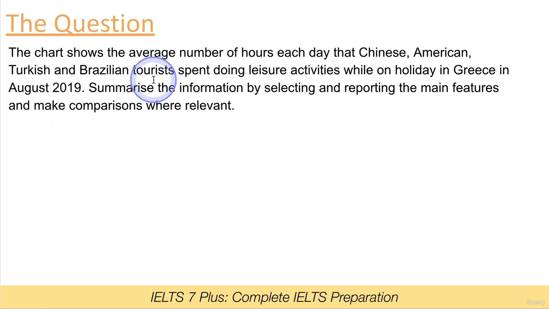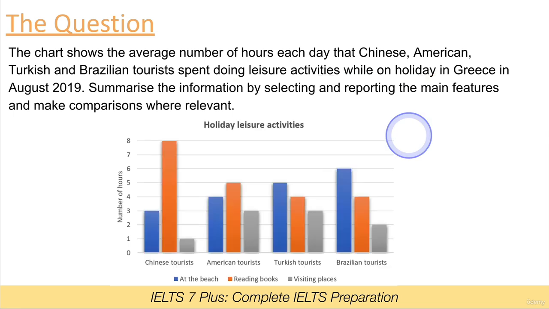Okay, so this is all about what leisure activities they did whilst on holiday. So let's have a look and we'll think a bit more about the data. Okay, here we go. Holiday leisure activities. And we've got Chinese tourists, American tourists, Turkish tourists, Brazilian tourists on the x-axis. Down here we've got the keys.